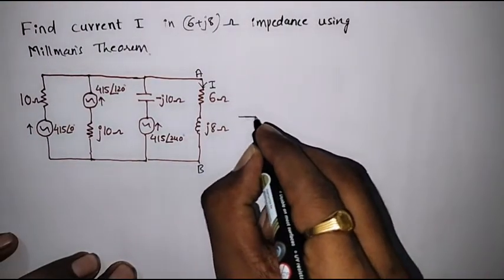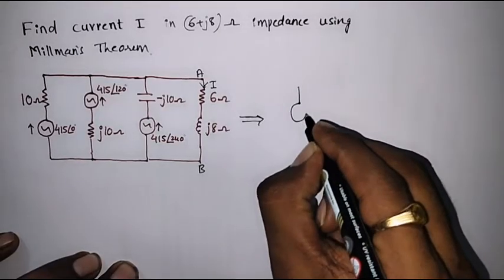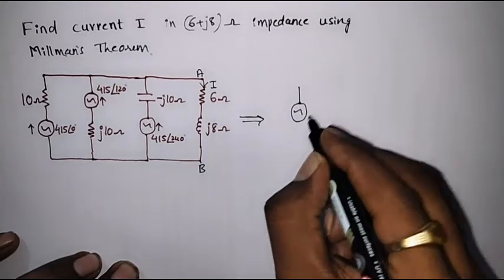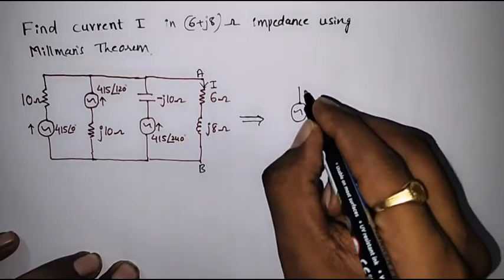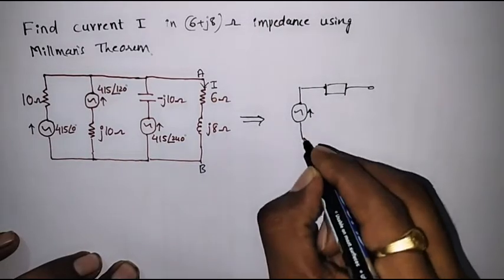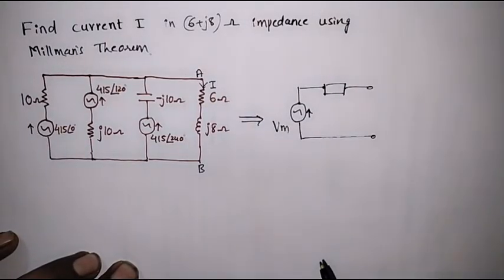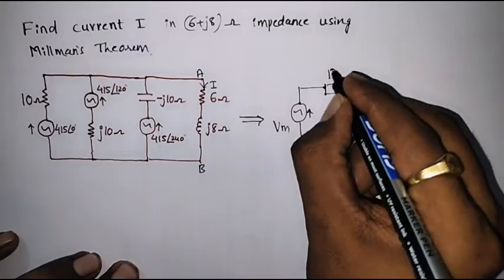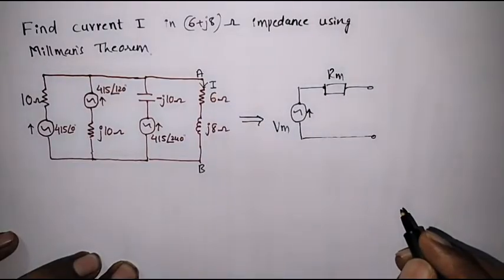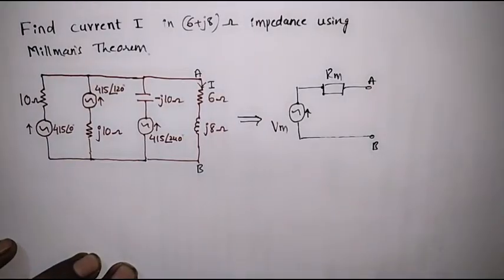The Millman's equivalent circuit looks like this. This is Millman's voltage Vm and this is Millman's resistance. I will call it as Rm. This is A and B terminal.